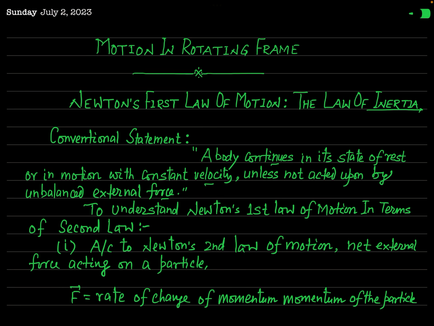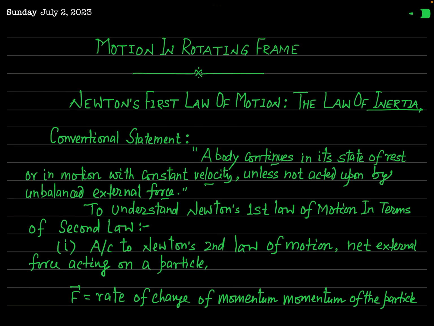It means a body will remain at rest and it will continue its motion with constant velocity until we apply a net external force on the body. This is actually the conventional statement of Newton's first law of motion.